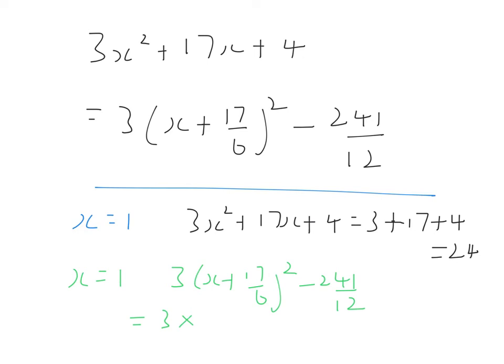So that's 3 times 23 over 6 squared minus 241 over 12. 23 over 6 squared is 529 over 36. 529 over 36 times 3 is 529 over 12. So it's 529 over 12 minus 241 over 12. So let's do that. That works out to be exactly 24. So that's nice, because we've got 24 here and we've got 24 here.